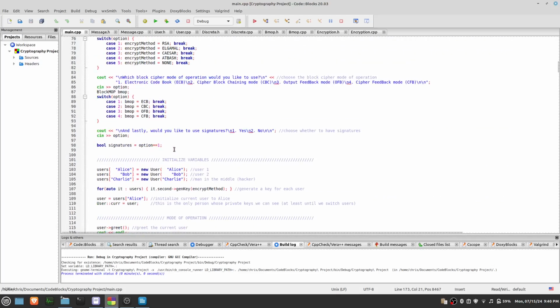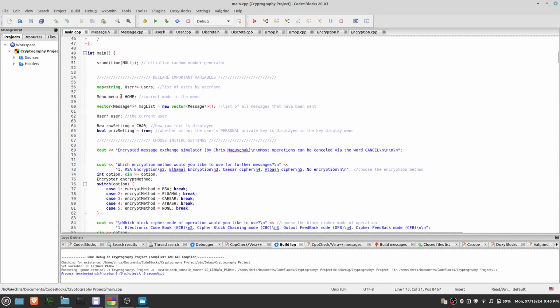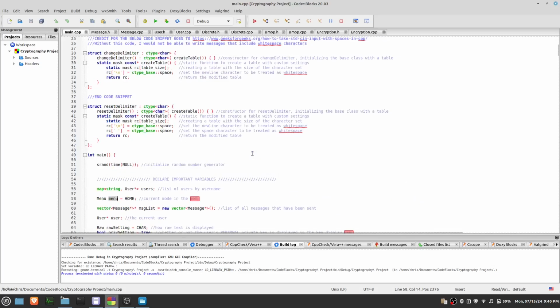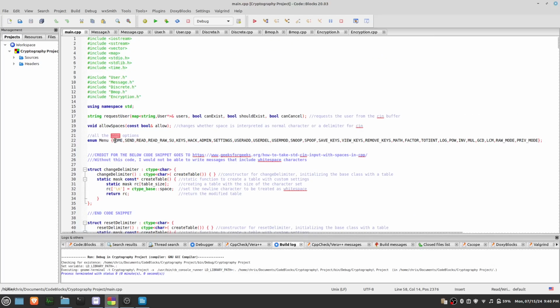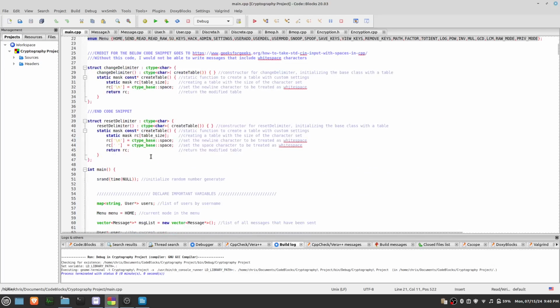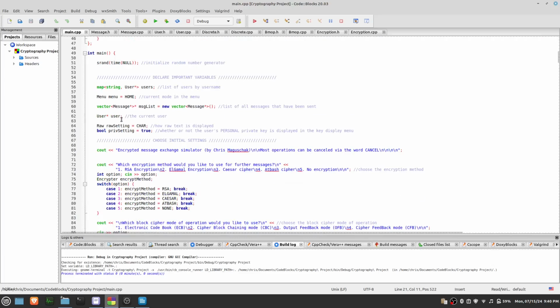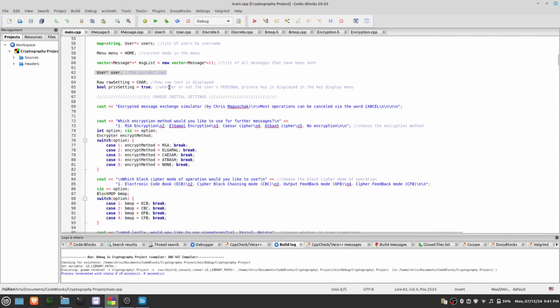So first things first, we initialize the important stuff, such as the list of messages on the public network, which menu mode you're currently in, which is set by a long set of enumerated values, the current user, which I think I made this variable before I had made the cur variable, as well as a few settings.